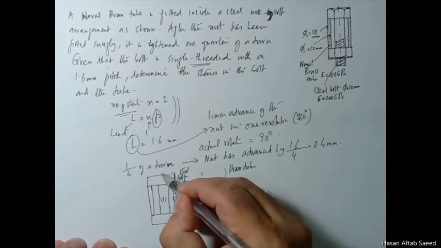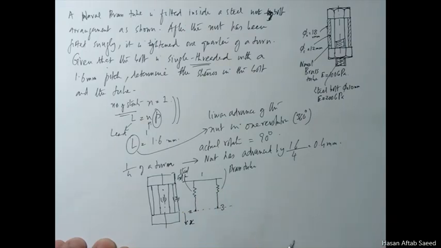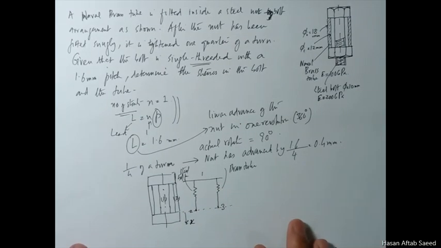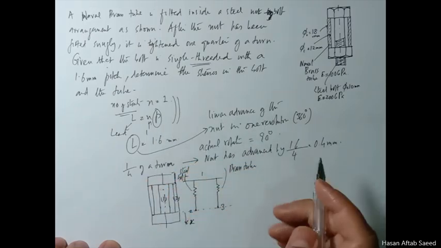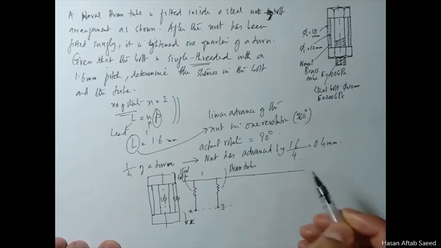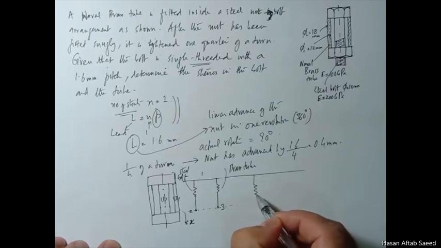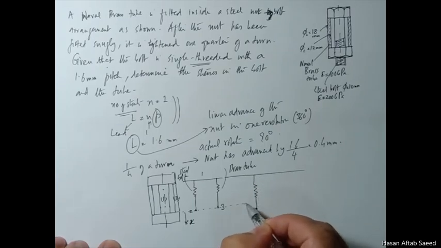This is the positive x coordinate. When you rotate it, what happens? The tube shrinks, the bolt extends. So this is our reference line. This remains the same. This is the original datum.